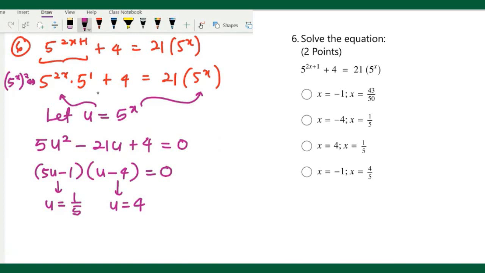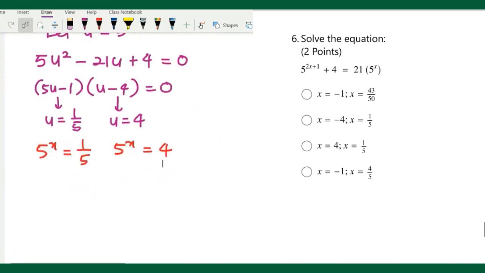So what we need to do is, we already let earlier, so we substitute back. So 5 to the power of x as u earlier, now it will be 5 to the power of x equals to 1 over 5, and another one, 5 to the power of x equals to 4. So from here, 5 to the power of x equals to 5 to the power of negative 1, therefore x equals to negative 1.